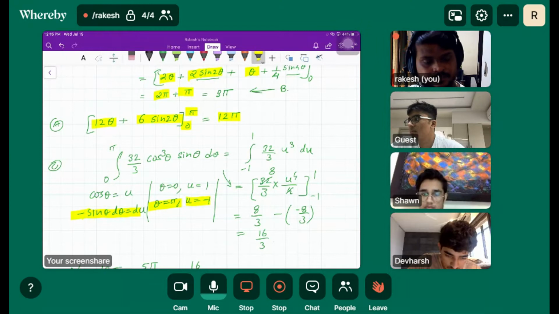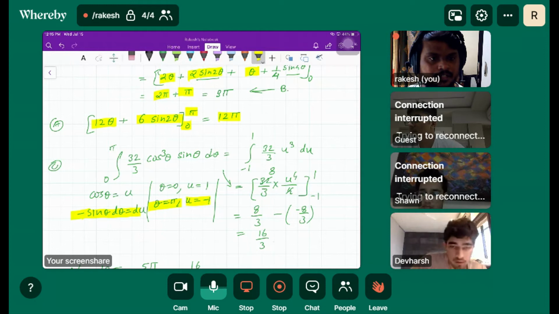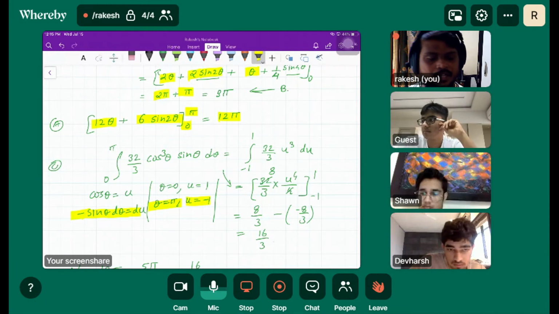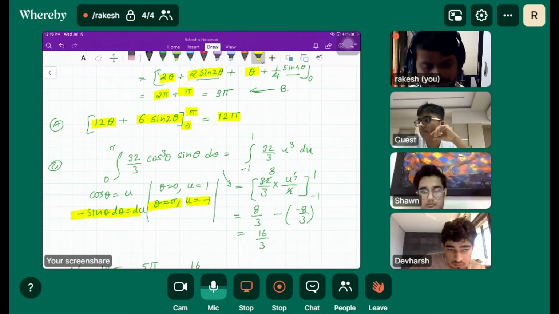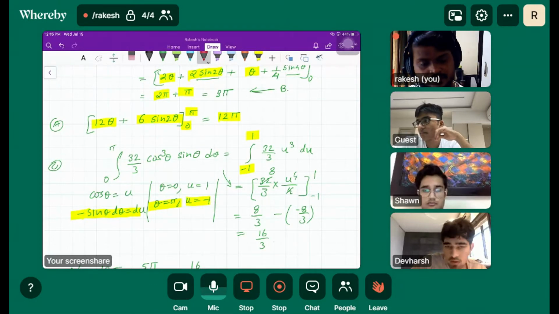So the limit is basically 1 to minus 1, but we should write the smaller limit to the higher limit. So it should be written as minus 1 to 1. For that, we have to get rid of this minus sign also. So I just skip that minus sign.